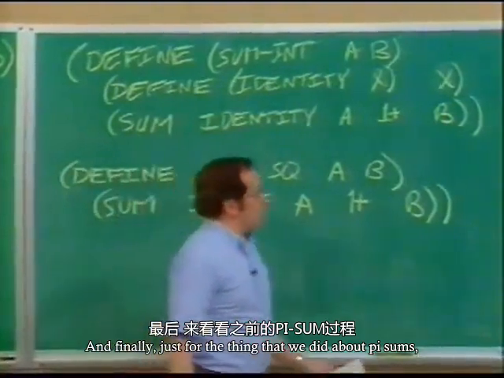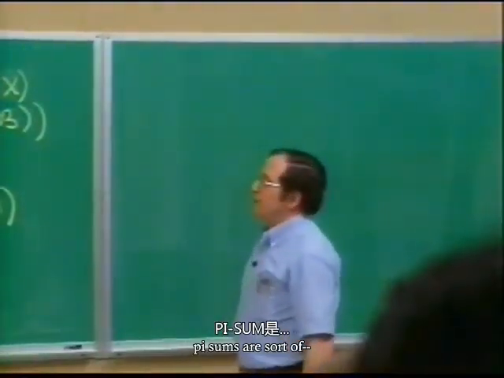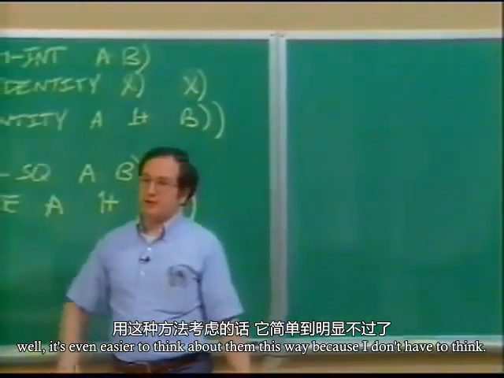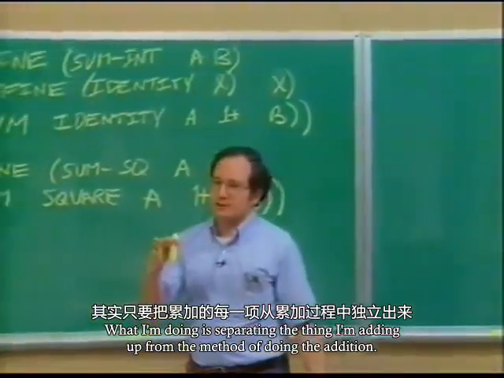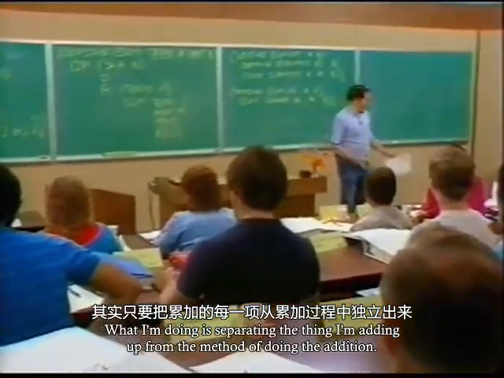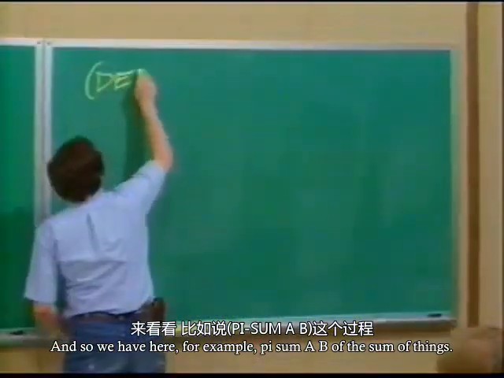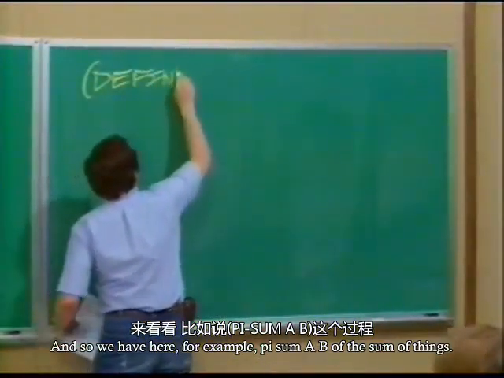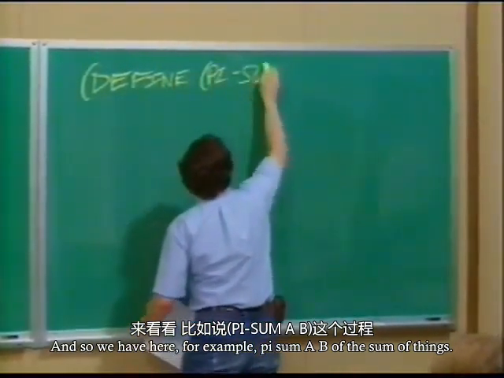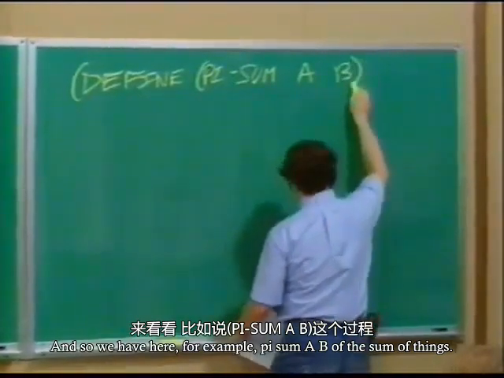And finally, just for the thing that we did about pi sums, it's even easier to think about them this way, because I don't have to think. What I'm doing is separating the thing I'm adding up from the method of doing the addition. And so we have here, for example, pi sum AB.